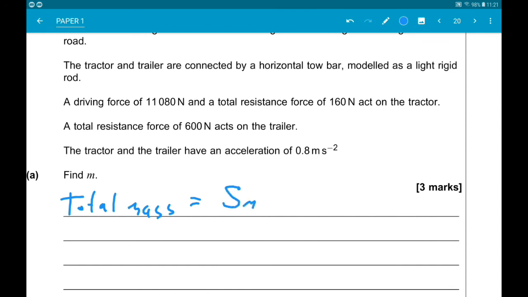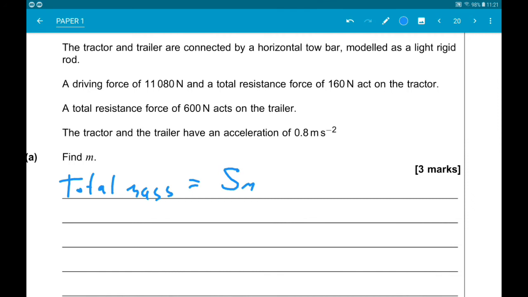Now the resultant force is the driving force minus the two resistant forces. So 11,080 minus 600 and minus 160, so minus 760.